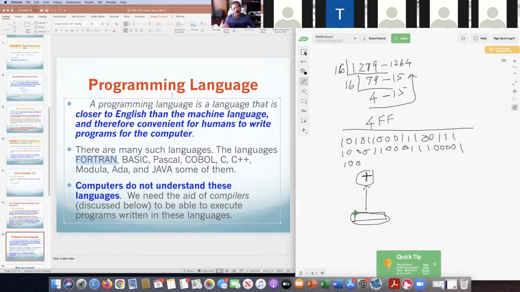It translates the program from your programming language, whatever programming language you're using, to machine language. So the programming language, anybody can design. You just have to come up with the compiler that will translate it to machine language. That's all you have to do. So that's why so many languages were out there for a while.